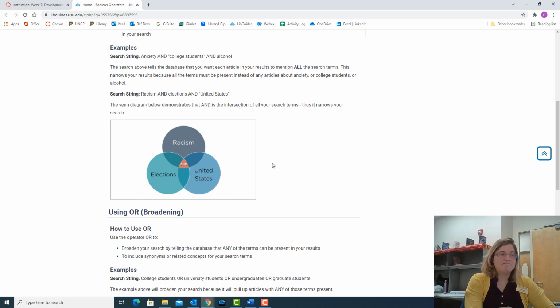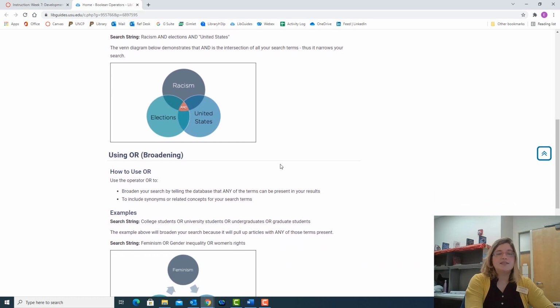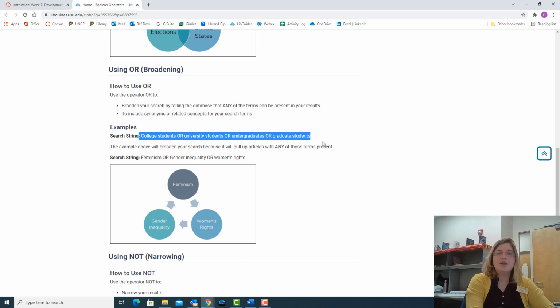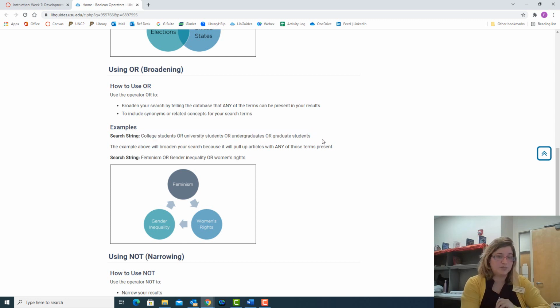But maybe you're not finding enough articles or any articles that talk about that, or you have some search terms that are very similar, and so using the word or can broaden this topic. So college students or university students or undergraduates or graduates, they would find anything that mentions just one of those search terms, not all of them in the same article.